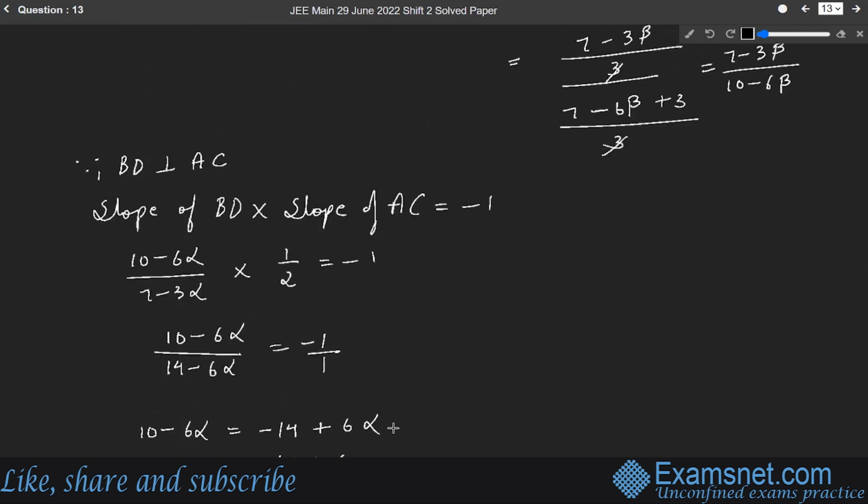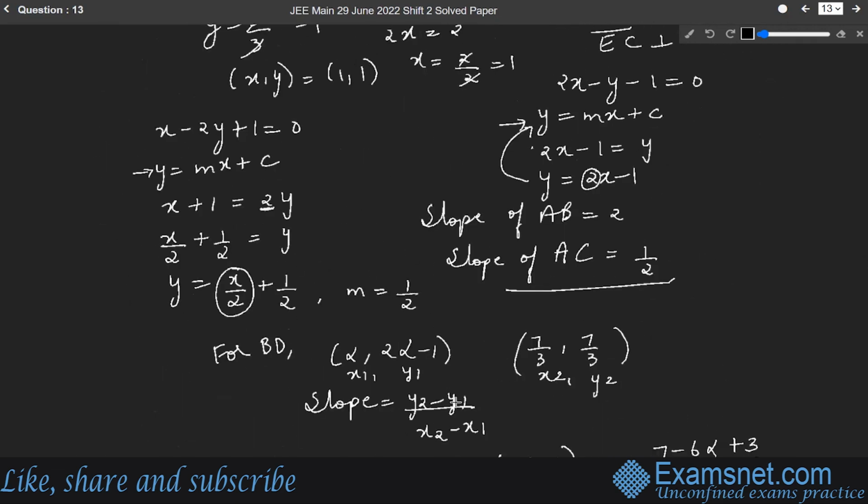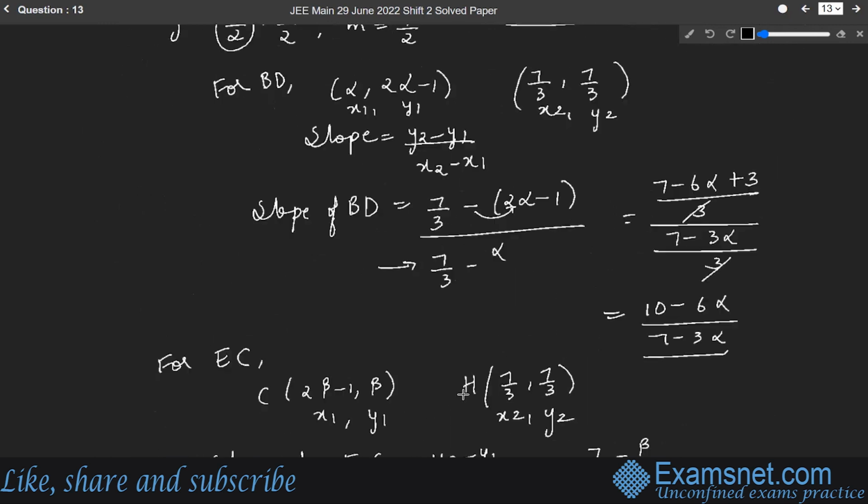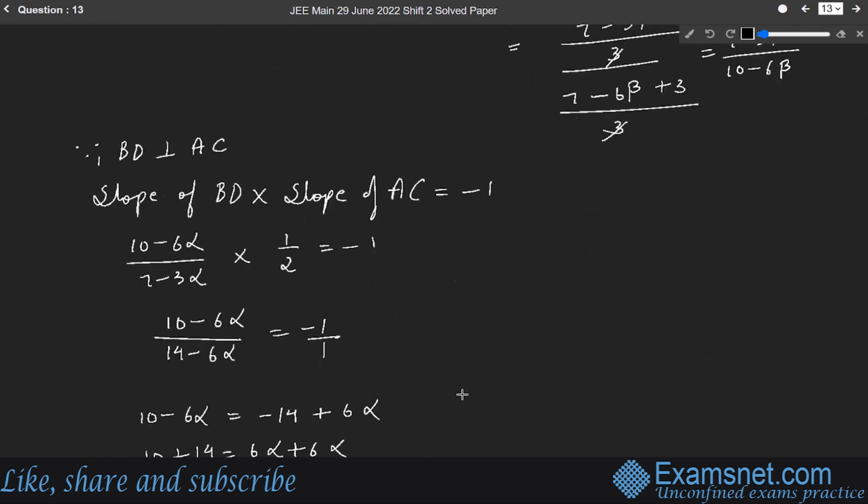Again, we have another condition, which is the altitude EC is perpendicular to AB, right? So we can write that since EC is perpendicular to AB, the product of their slopes will be equal to minus 1. So slope of EC multiplied by slope of AB will be equal to minus 1.